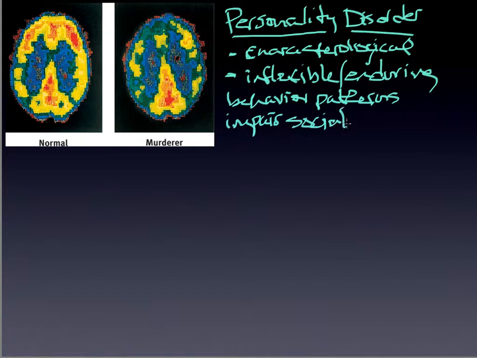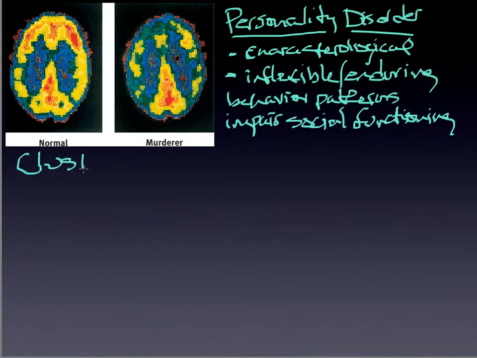And personality disorders are such that the person isn't really even all that aware, so the distress factor isn't part of this, but the disruption to their social life and their social relationships are really quite significant.